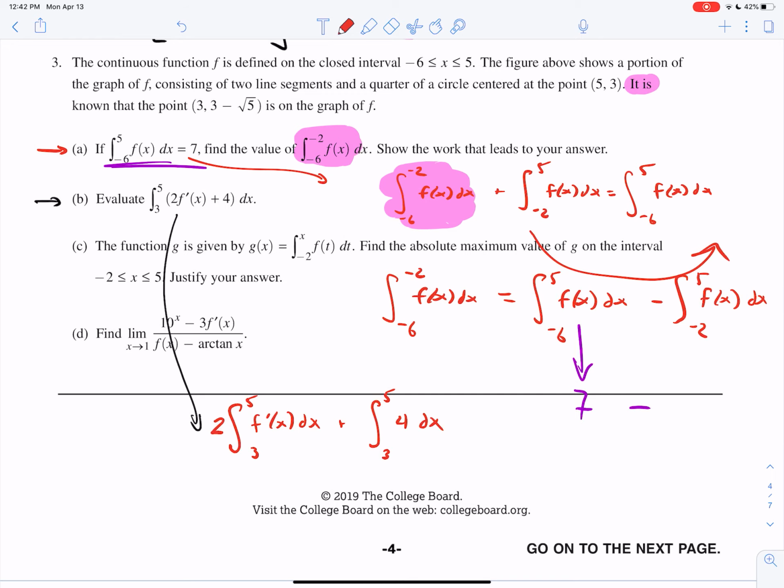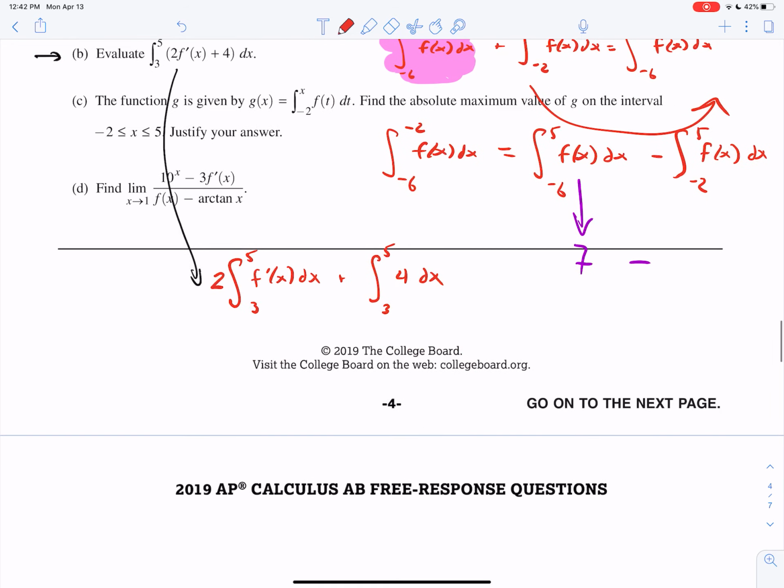Okay, constants and coefficients can be separated from the integral. So right away I notice that if I integrate a derivative, I should just get the function. So this is really just 2 f of x. Okay, and the integral of 4 is really just 4x.